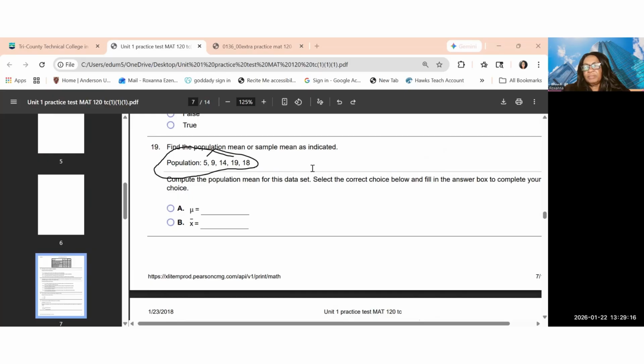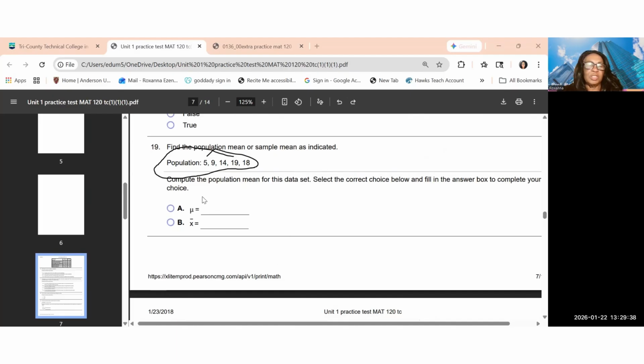Go to stat, arrow to calc, do one variable stats of the data I have in L1. Yes, so I'm going to calculate. Okay, so the mean is 13.